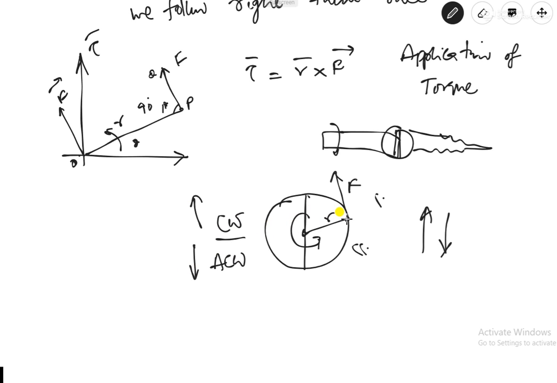That means the resultant vector is coming out of this plane. Suppose this is a position vector R, and from the edge of this vector, where the force is applied, this is the force vector. Then the resultant vector will come out of the plane. If the screen is the plane, it will come out of the screen.